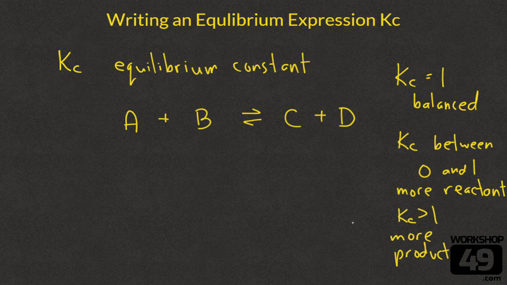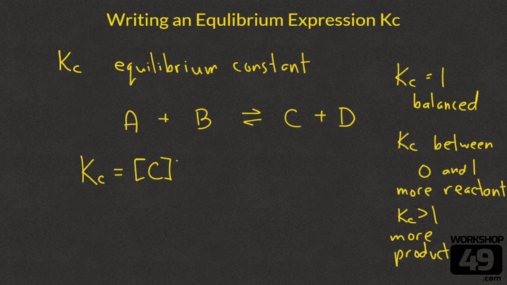Here is what the equilibrium expression is going to look like. If you have a balanced chemical equation, we're going to start off with an easy one here, then our Kc value is going to equal... It's not the moles, it's going to be concentrations. So when we put these square brackets around a chemical, we are talking about concentration, moles per liter.